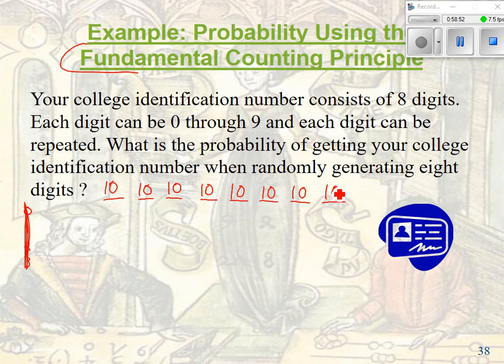What are we going to do with all those? Times. Somebody multiply all those together for me. What could you do on your calculator to make it easier? Use 10, and then you have this little caret button. You want 10 to the what power? 8th power. 10 to the 8th power.